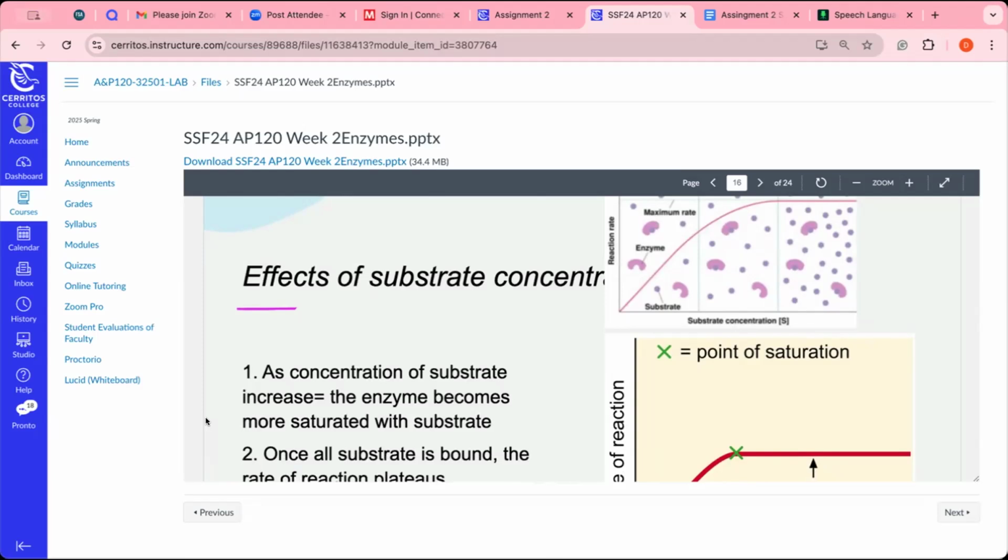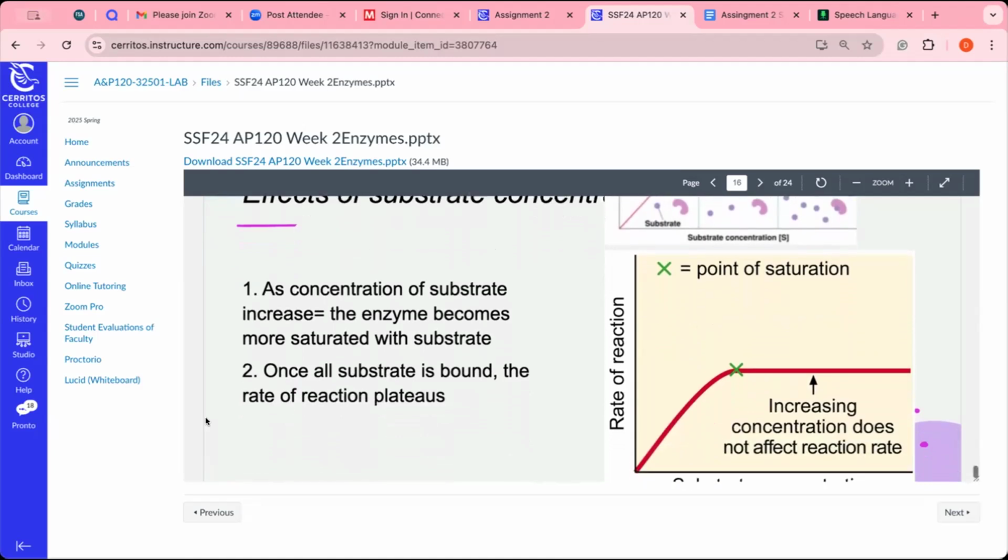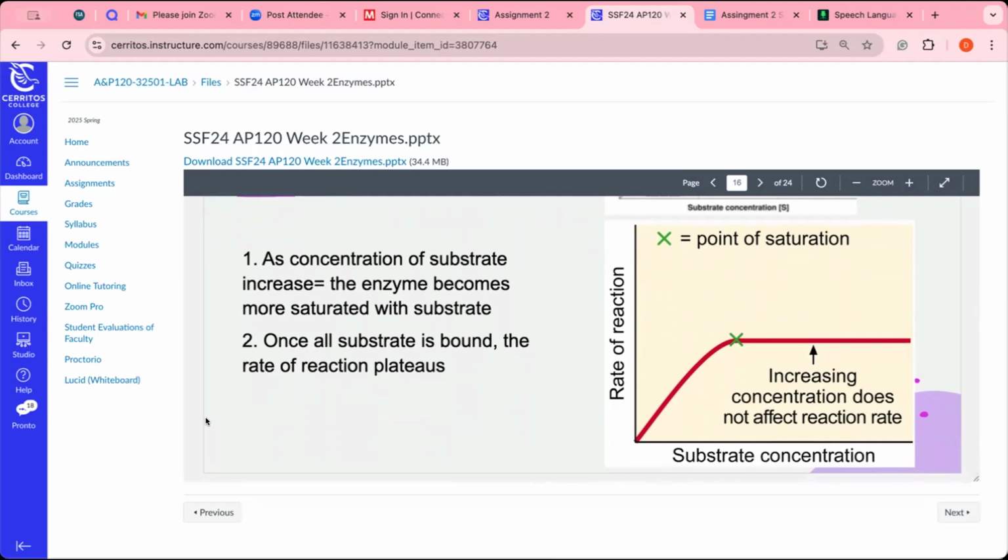And then once all the substrate is bound, the rate of the reaction plateaus. So the more substrate you have to bind, the more ingredients you have to process, you can speed up that process, yes, but you still have more substrate. So it's going to keep processing substrate until it's all bound to the receptor site. And then the speed's going to plateau.